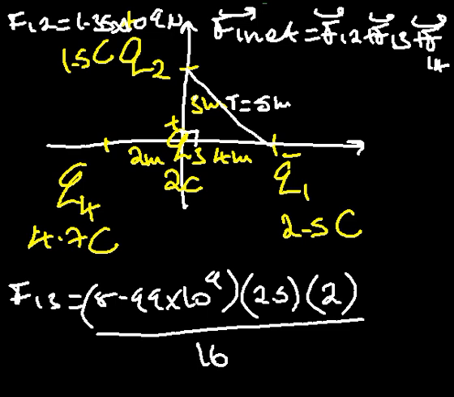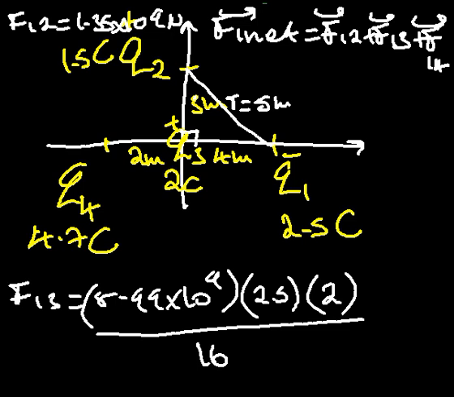Now we have 8.99 in brackets, times 10 to the power positive 9, times 2.5 and times 2. Then divide by 16.